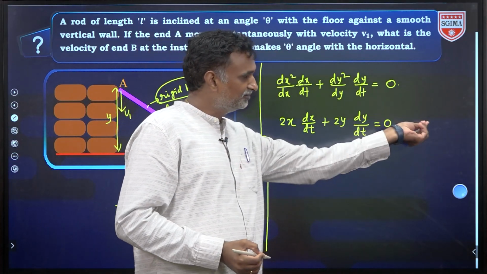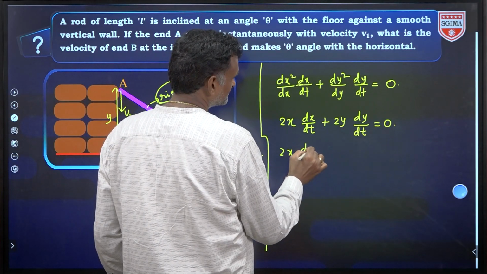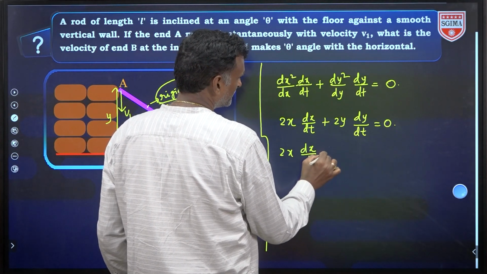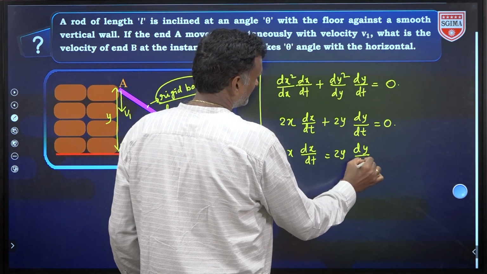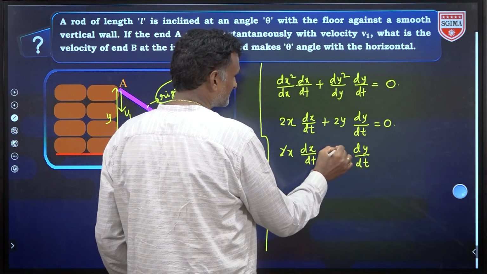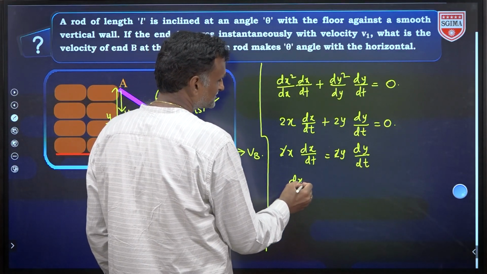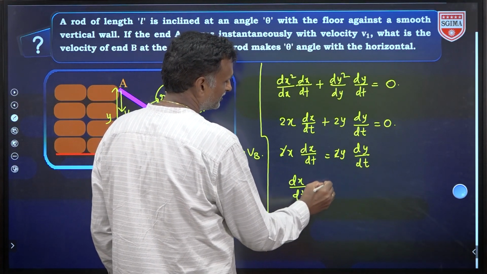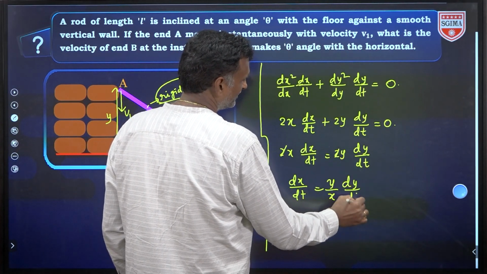Then shift one term to the right side: 2x dx/dt equals minus 2y dy/dt. The 2 gets cancelled. Now dx/dt equals y upon x times minus dy/dt.